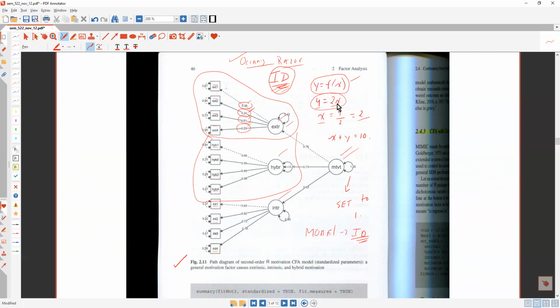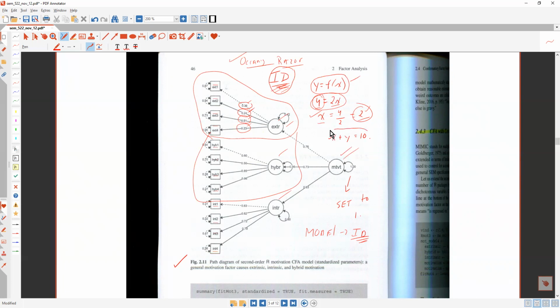In other words, the value of x here is going to provide the result of 4 here. I can get a unique value for x, right? I can get a unique value for x.